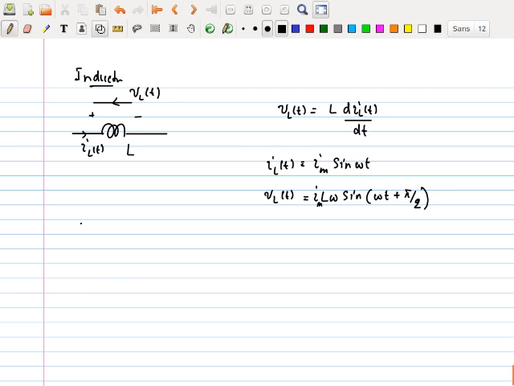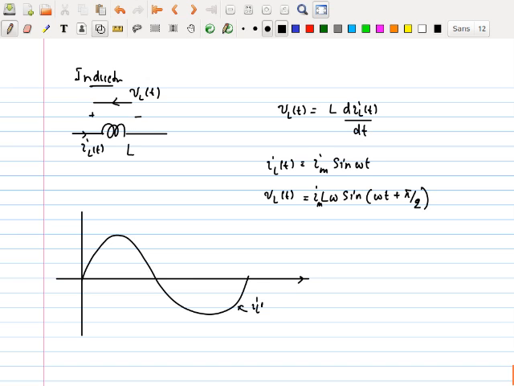So now if I draw this, I realize a simple sinusoidal waveform for IL. Here, of course, the maximum value of this will be Im.